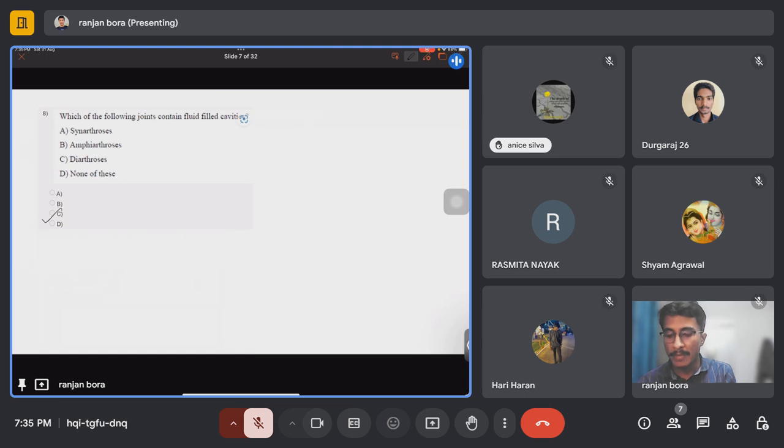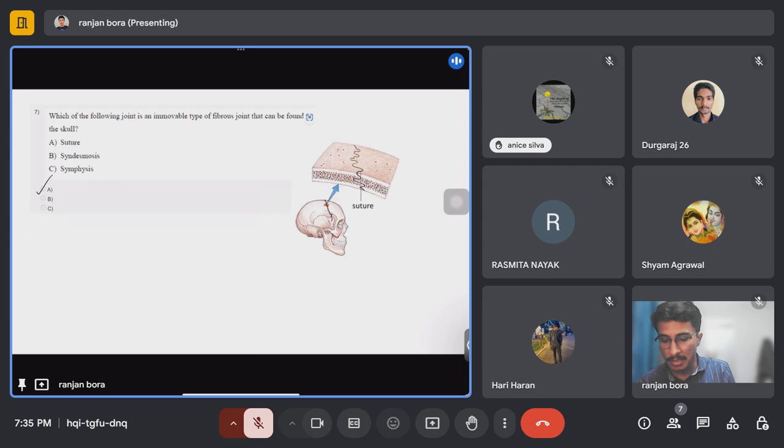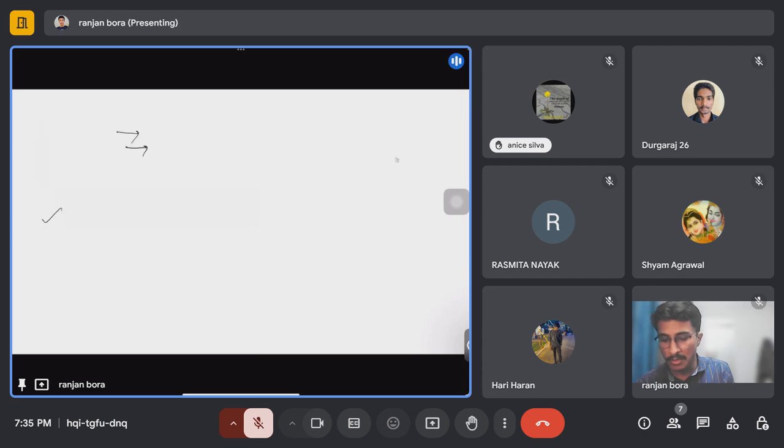We have seen that synarthrosis means immovable joints, and amphiarthrosis means slightly movable joints.